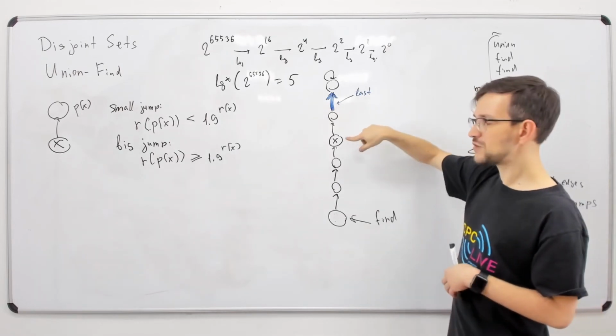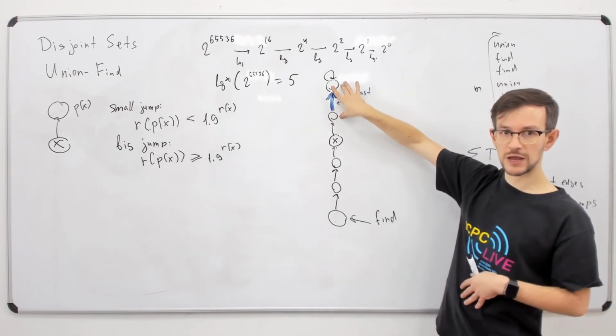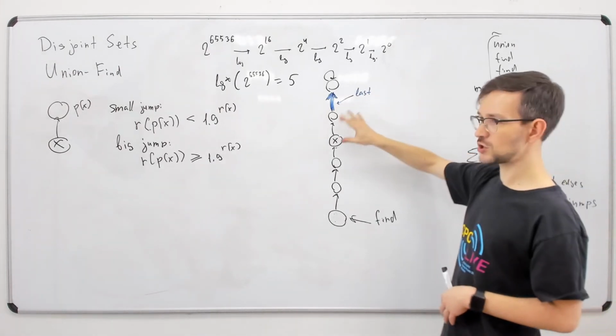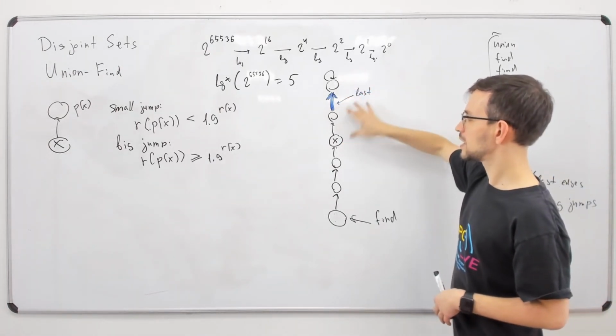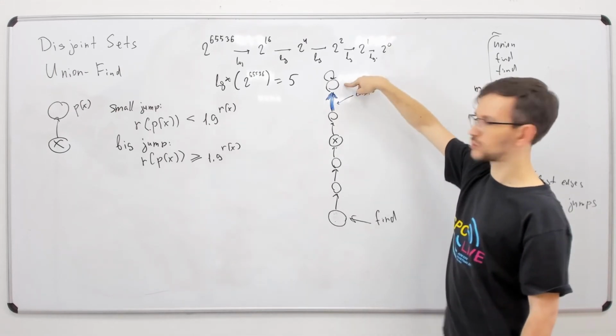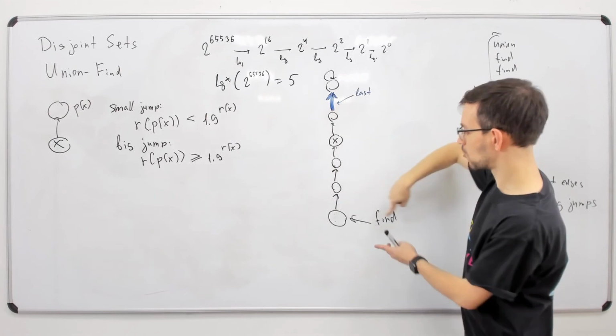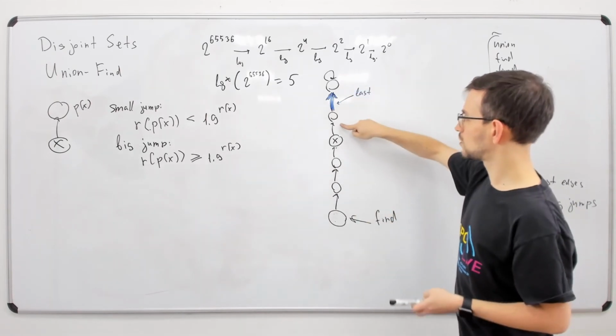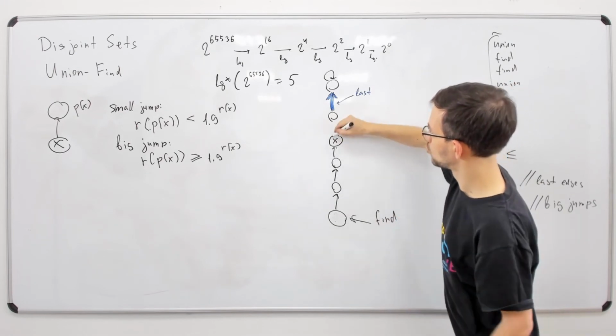If this edge is not the final edge, and we already calculated these final edges, then it means that we will change this pointer to the root. So if we go from here, we will use path compression and we will change this pointer to here.